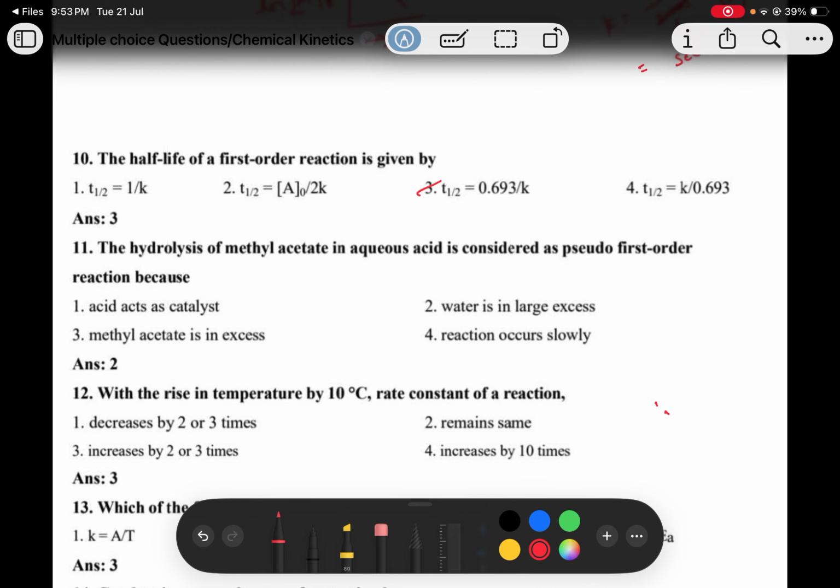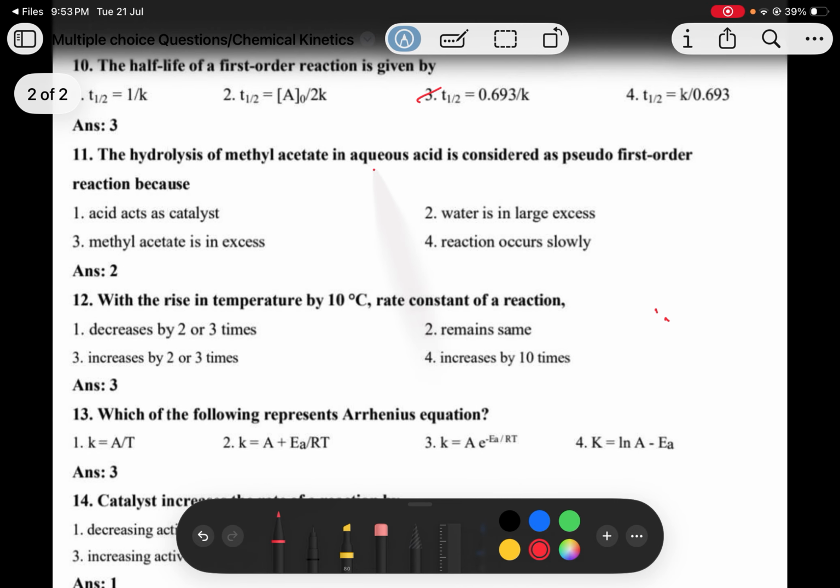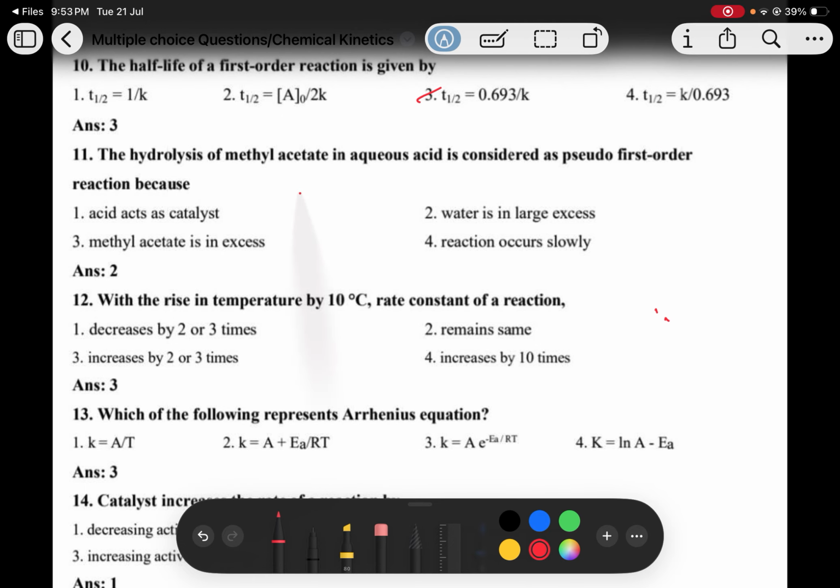Next, 11th one, the hydrolysis of methyl acetate in aqueous acid is considered as pseudo first order reaction because here methyl acetate plus water gives rise to acid plus alcohol.